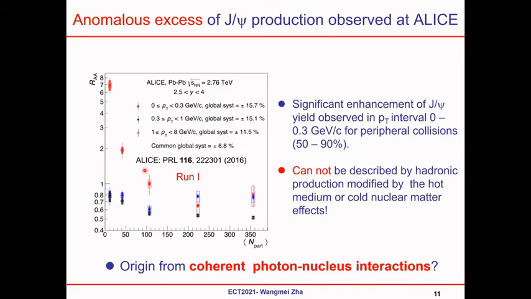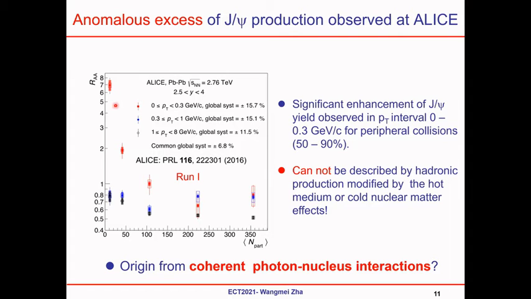But if you look at the red points for pT less than 0.3, you can find a huge enhancement in peripheral collisions. If you look at the most peripheral one, the enhancement factor can reach 7. So it cannot be explained by hadronic production modified by the hot medium effect or cold nuclear matter effects.